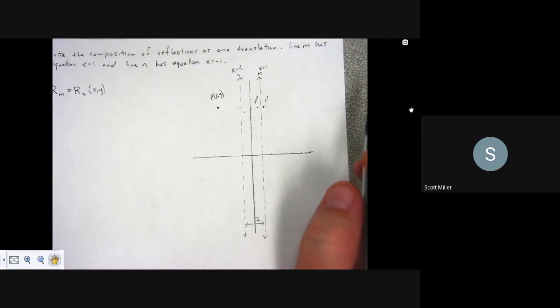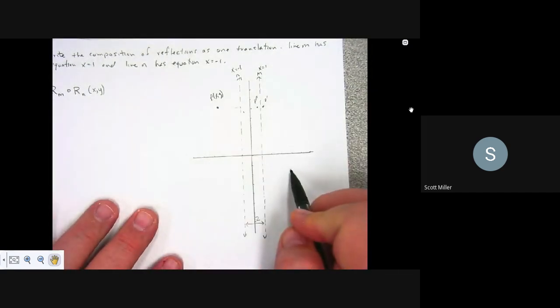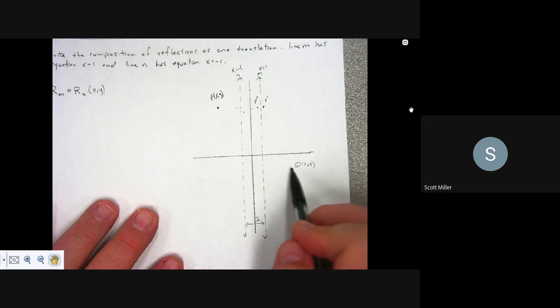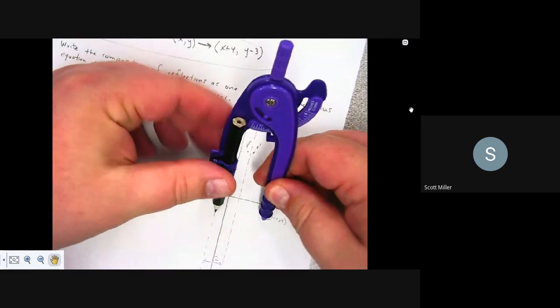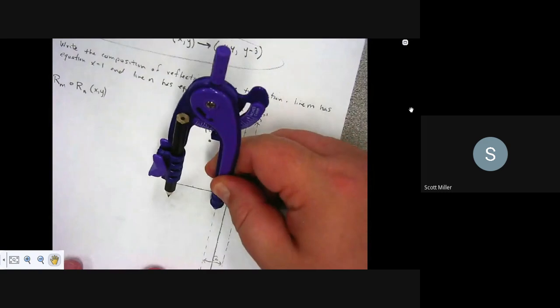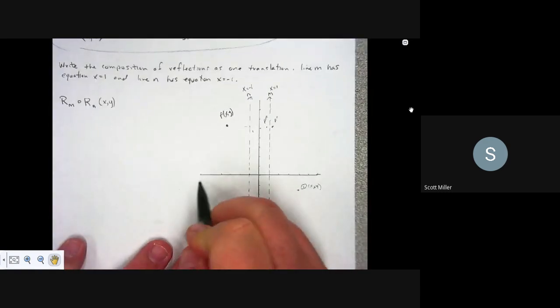Okay? And it doesn't matter which way I do this. If I start the point on this side, over here, it doesn't matter. So if this was point Q, and I reflect it on the line N first, let me show you so it's not guesswork. There, it's going to go to there. So this point right here is Q prime.